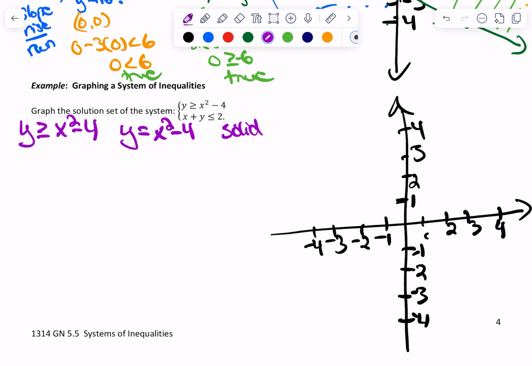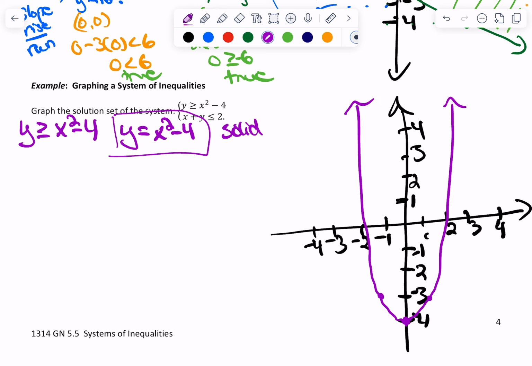That is a quadratic equation. So we know that our vertex is going to be right here, 0, -4, and then it's going to come up something like this. Now, and again, you can plot points if you can't remember how to do it.